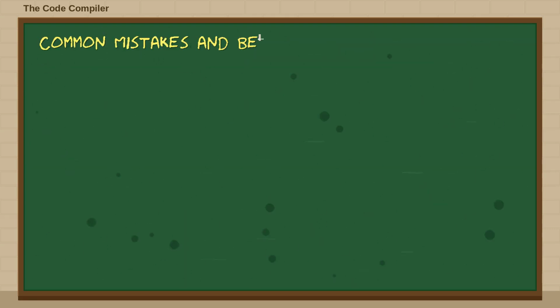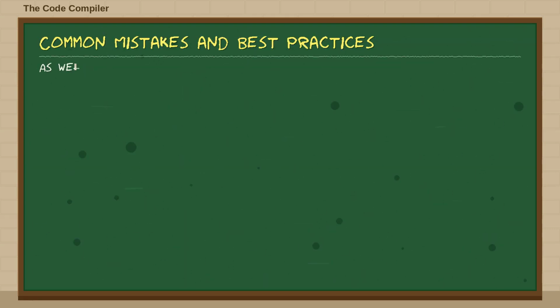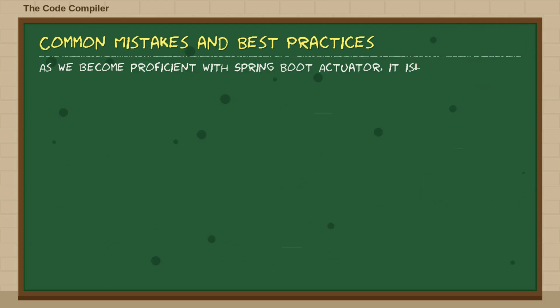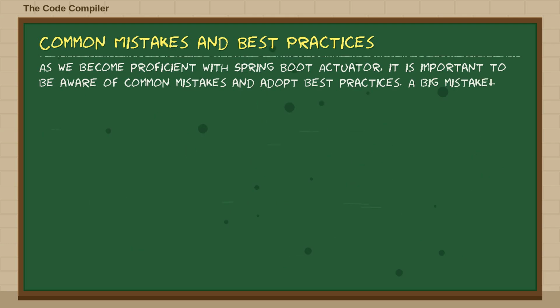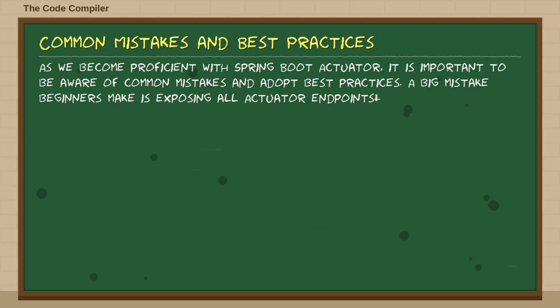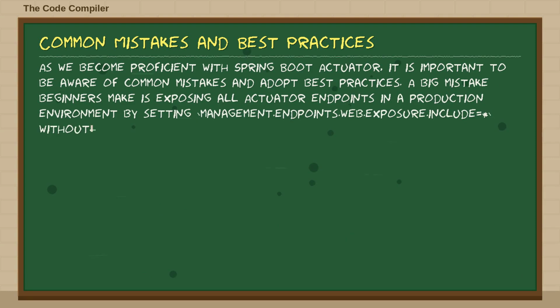As we become proficient with Spring Boot Actuator, it is important to be aware of common mistakes and adopt best practices. A big mistake beginners make is exposing all actuator endpoints in a production environment by setting management.endpoints.web.exposure.include equal to * without any security.